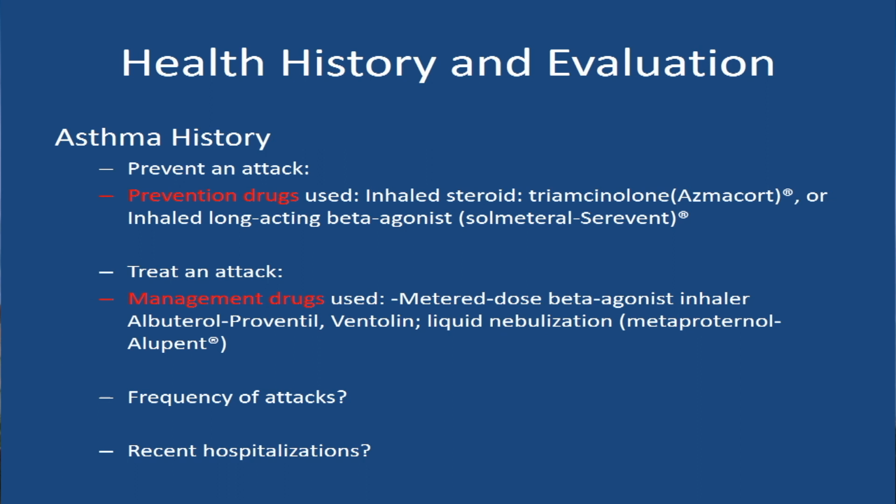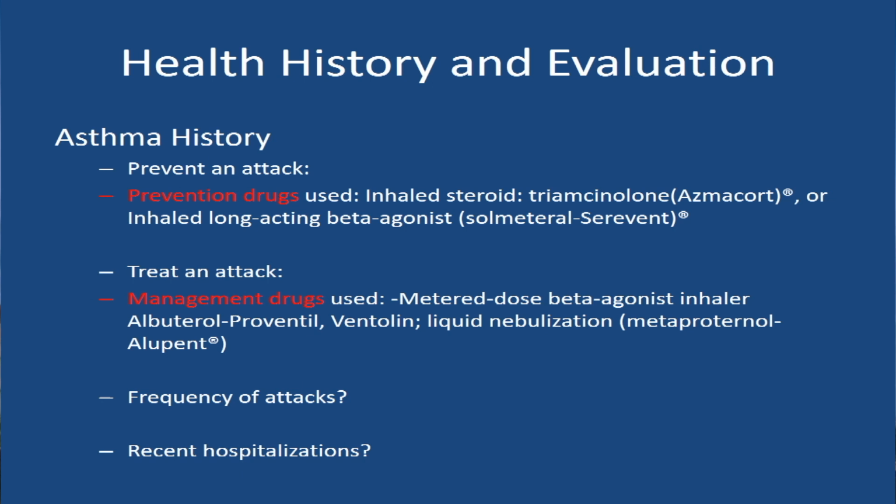Asthma attack. How to prevent an attack? First of all, prevention drugs are used: an inhaled steroid like triamcinolone, Azmacort, or inhaled long-acting beta agonists like salmeterol and Serevent. If an attack occurs, you treat it with management of the drugs used.